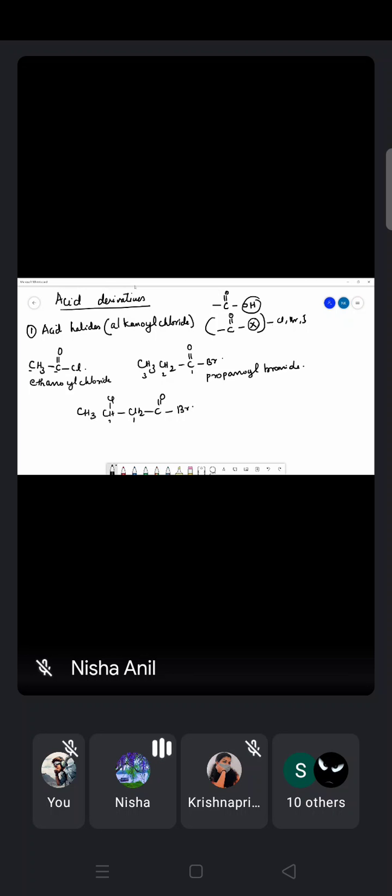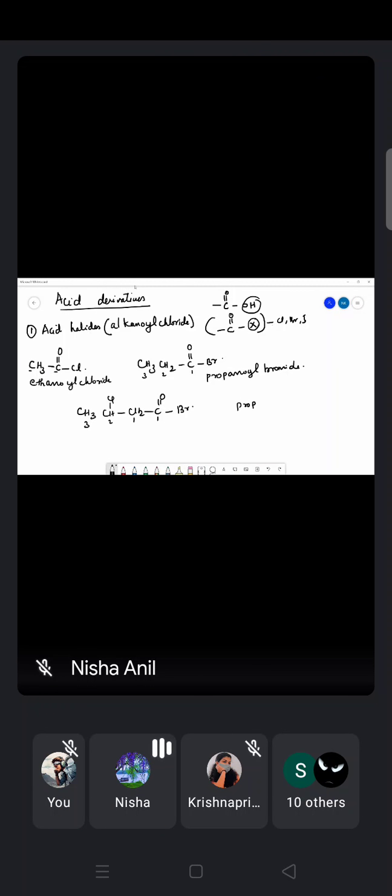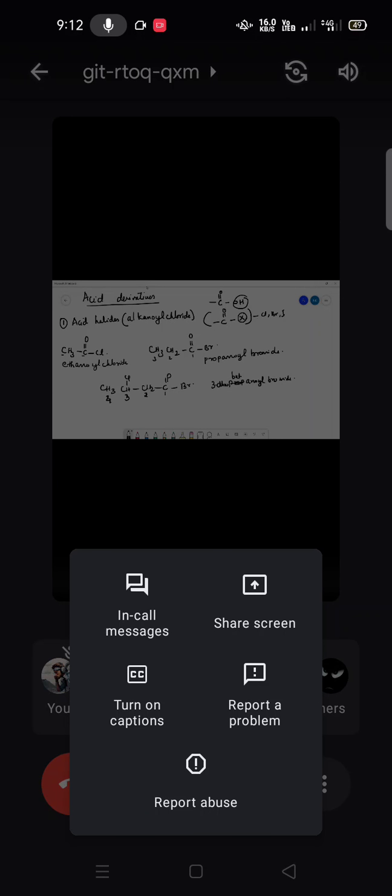This is 1, 2, 3. Sorry, 1, 2, 3, 4. So the third carbon contains a substituent, chloro. So 3-chloro butanoyl bromide.